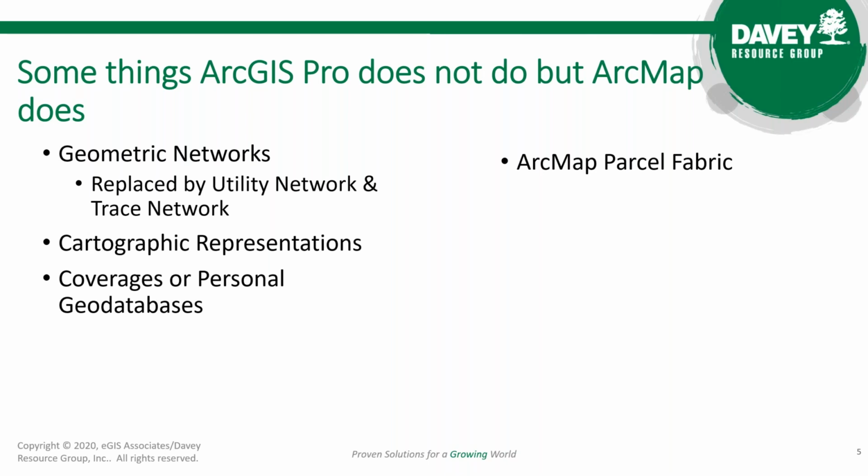And if you're a current user of the ArcMap parcel fabric, ArcPro doesn't work with that either, just like the geometric networks. You can view the data, look at the data, print the data, query data, but you can't create a new parcel fabric in the ArcMap version. You can't edit the data in an ArcMap parcel fabric and all that.